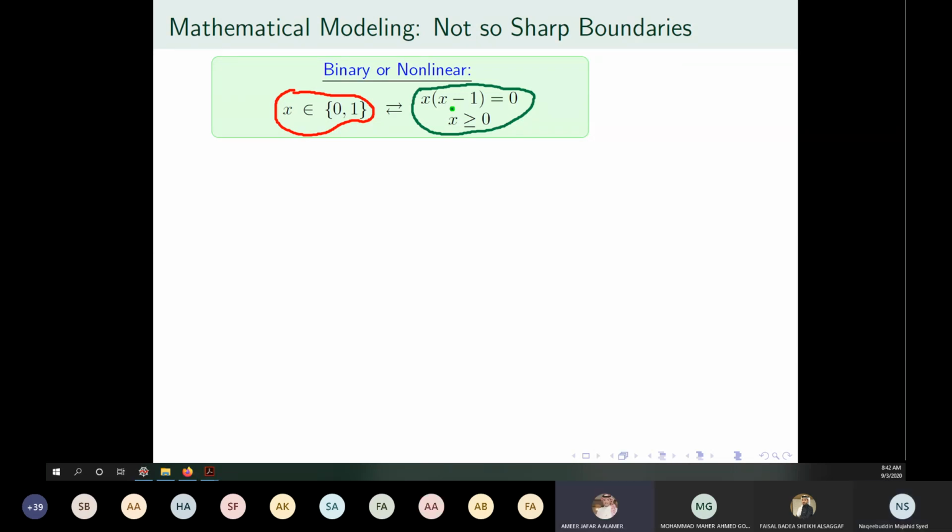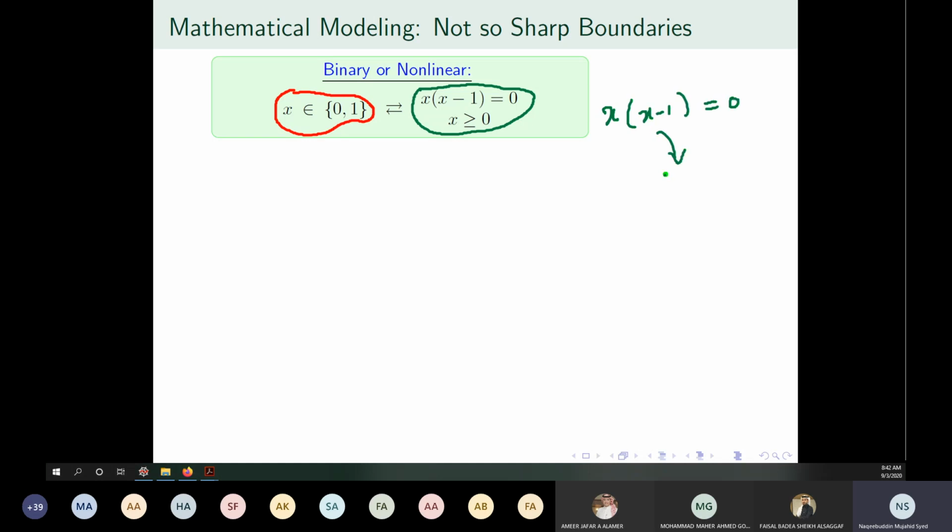Doctor, can you just re-explain how it becomes similar for the binary and nonlinear? Okay. For the binary, the one in the red region, what are the possible values of x? 0 and 1. Okay, good. For the green region, let us see what are the possible values of x. Look at this constraint. x times x minus 1 equals 0.